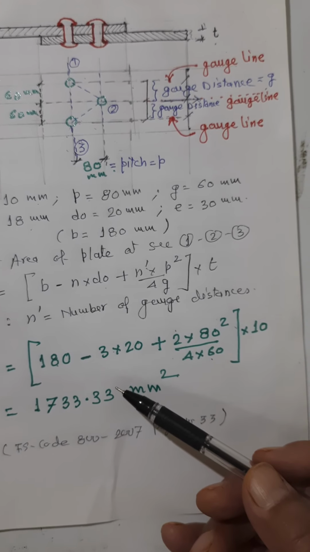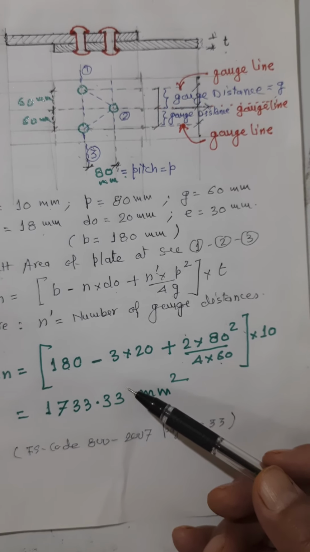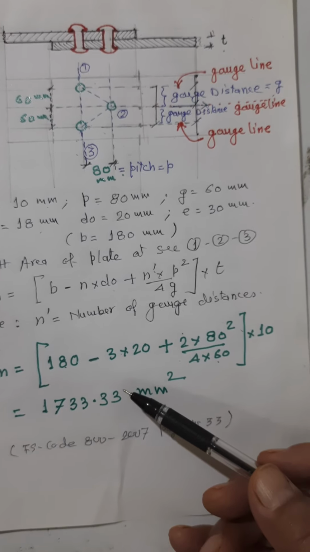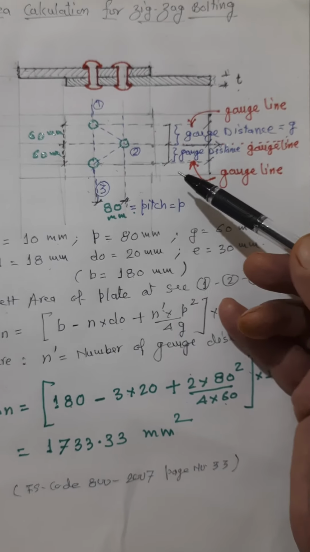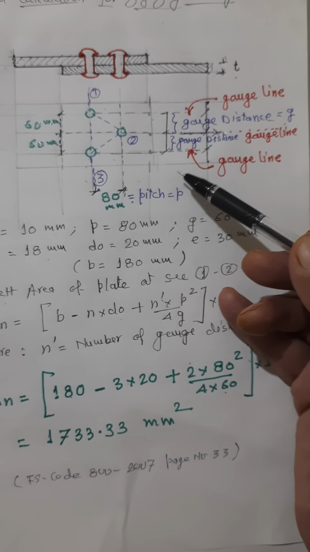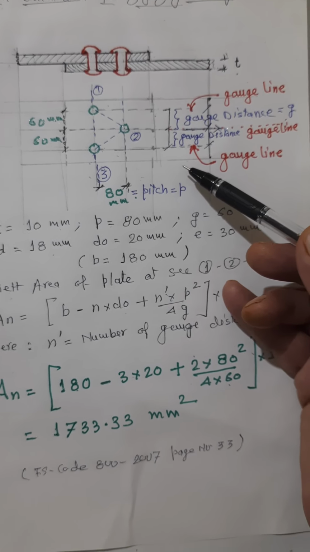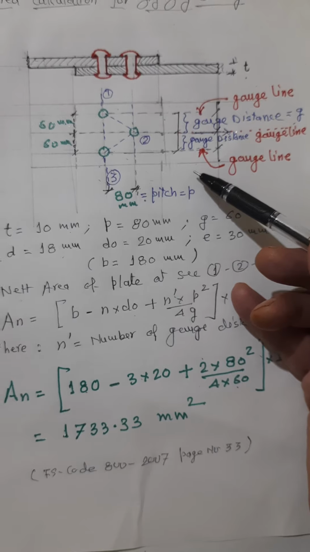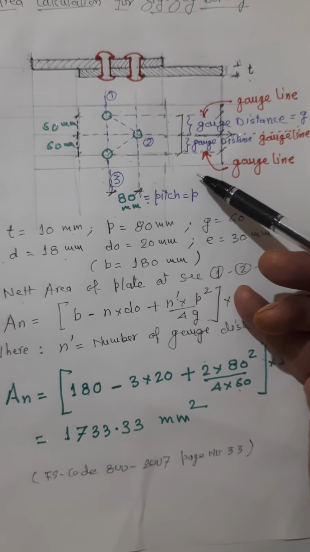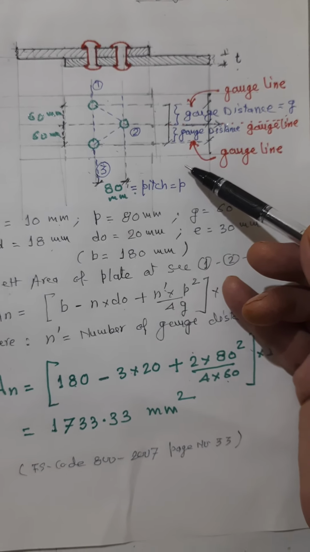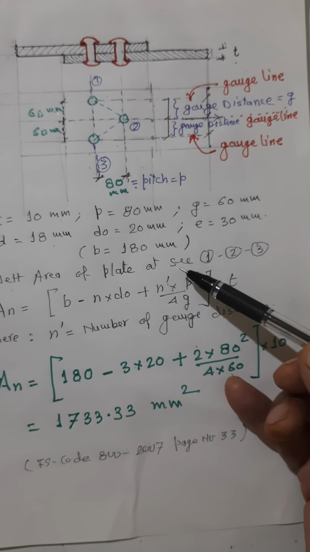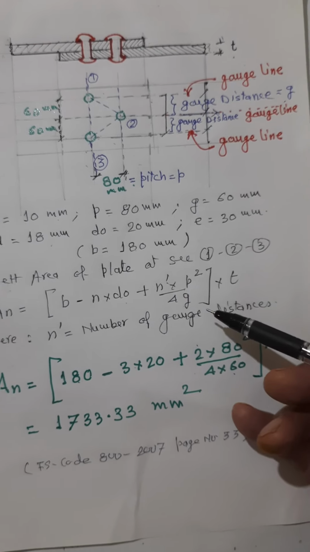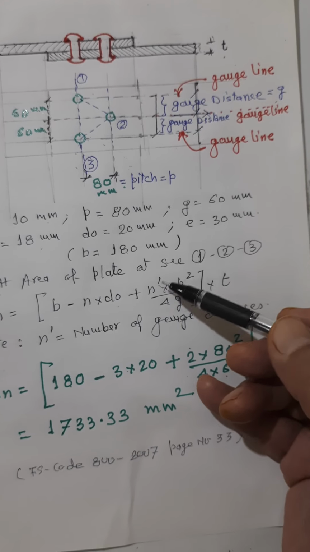So whenever we are supposed to calculate the net area of the plate, specifically when it is zigzag, it is better to use the mathematical expression already given on page number 33 of IS code 800-2007. But there is a slight amendment that I am suggesting here, because they have not mentioned anything about n dash.